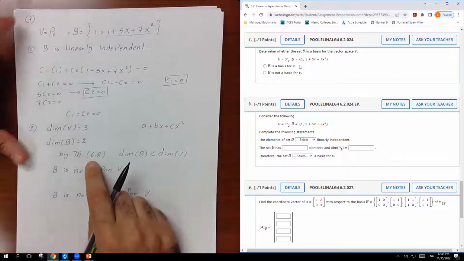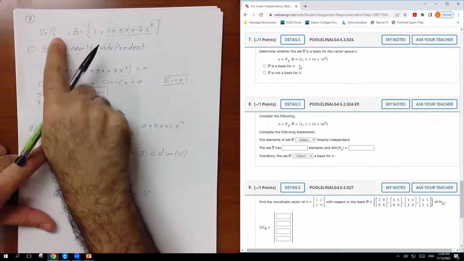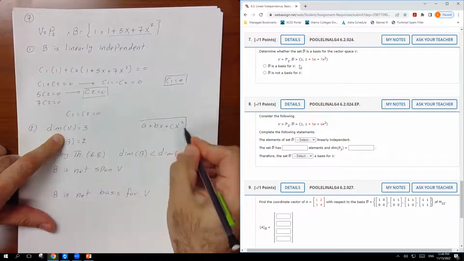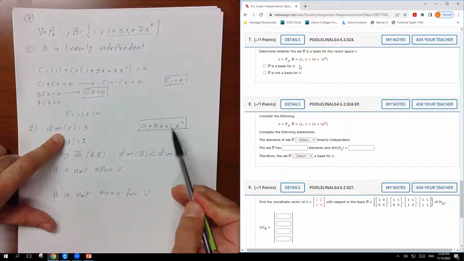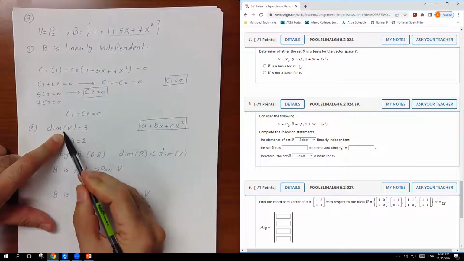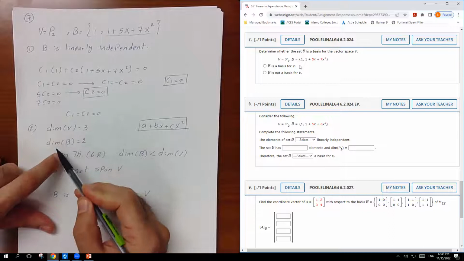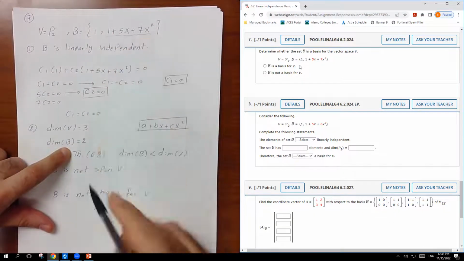The second step, dimension of V equals. Here is the important thing. A polynomial of degree 2, that's how it looks like. So how many terms? 1, 2, 3. That means the dimension of polynomials with degree 2 equals 3. Dimension of B, which is 1, 2, so 2.